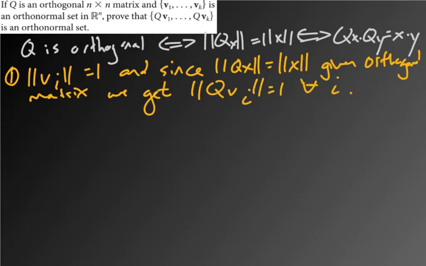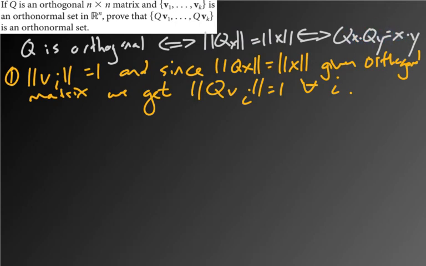And that does one property of an orthonormal set. It proves that these things are all length 1, no matter what index i we have. That uses this equivalent property of orthogonal matrices.